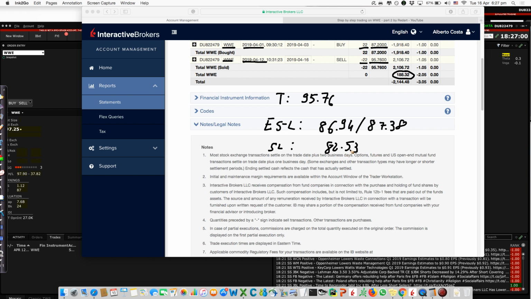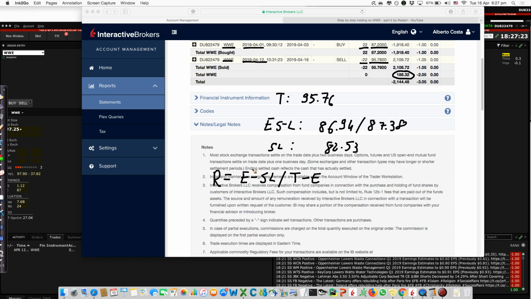Now, if we want to compute the R that we made, remember, what should we do? The R is what? The entry minus stop loss over the target, or whatever we are selling at, minus the entry. So let's do this to check how many R's we made.